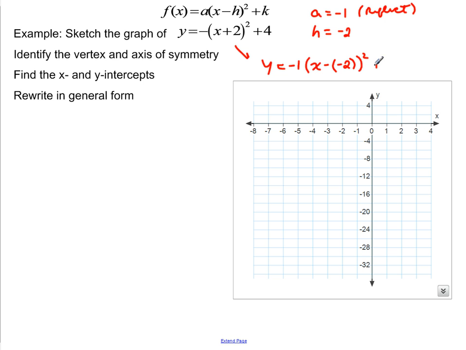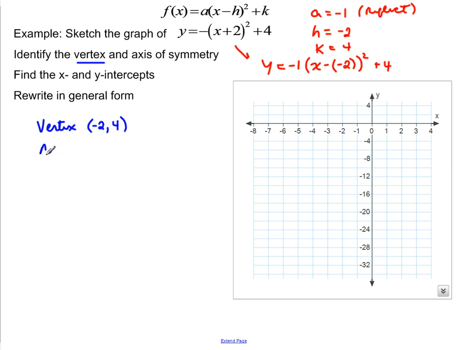Plus 4, so now we also know that k is equal to positive 4. So if we use this information, we identify the location of the vertex to be the point negative 2, positive 4 on our graph. Okay, so that's the first bit, identifying the vertex.